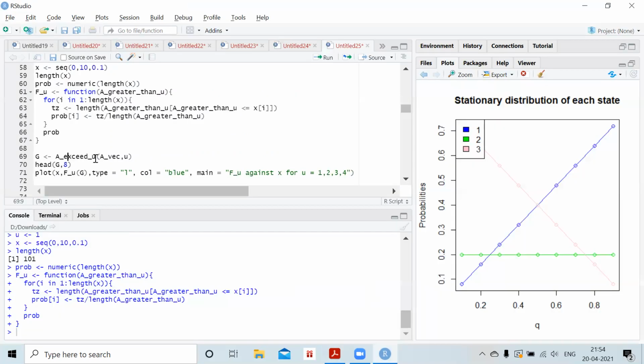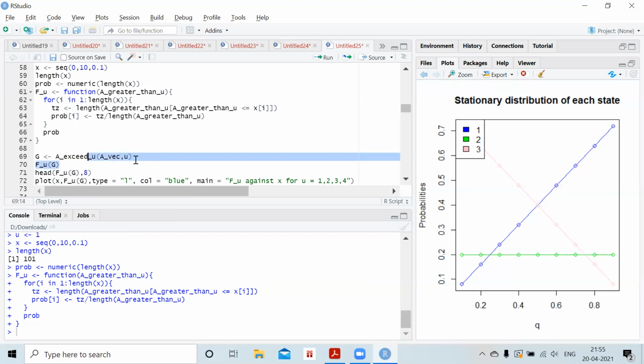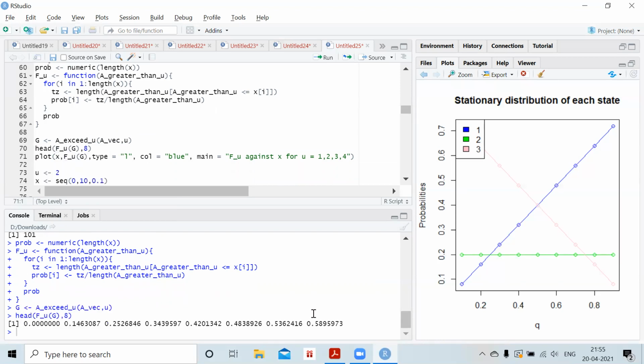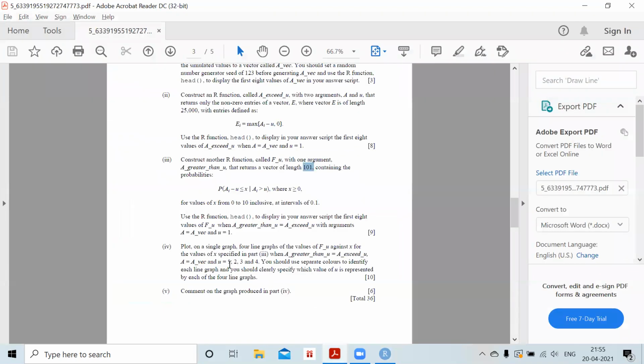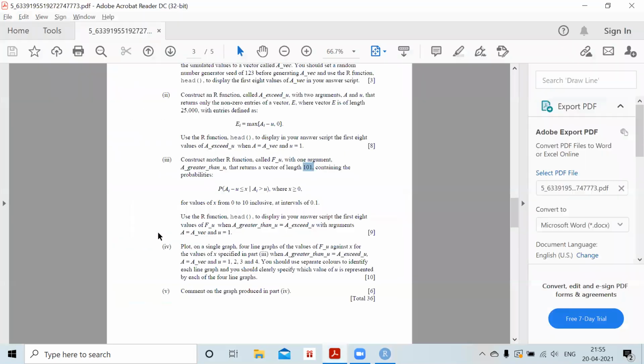I've stored this A exceed u, and then I need to run F underscore u of g to display my first 8 values inside the function. Once this is done, these are the values which I get. This was a tricky, a little bit lengthy part where you have to think how to write the function.